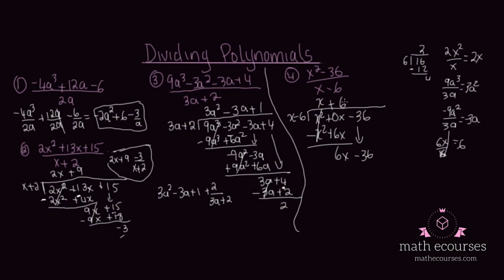So that's a positive 6. 6 times x is 6x. 6 times negative 6 is negative 36. Change the signs. That's going to cancel. Negative 36 plus 36 is 0. So this one I don't have a remainder. My answer would just be x plus 6 because I got 0 as a remainder.